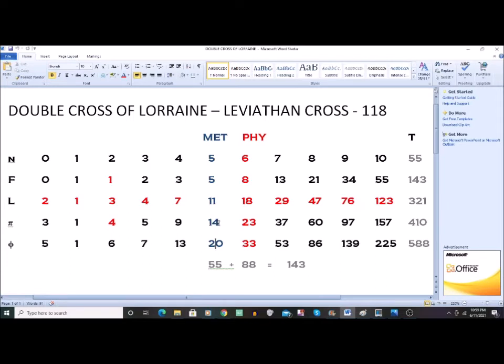We'll use the third month as well. I don't know what to say about it. The mind boggles at the amount of times this 55 and 88 and 143 can come back to this line here and incorporate all this.